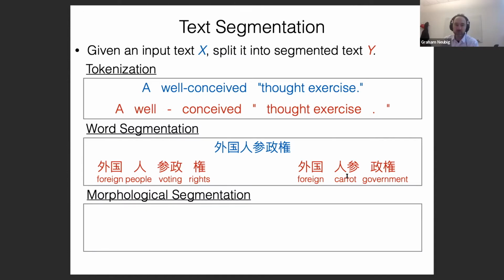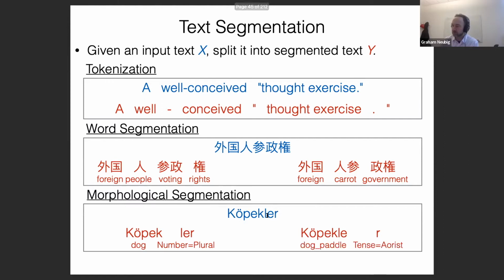And then there's also morphological segmentation, which we're going to talk about a bit more. For example, we might have something that looks a little bit like this, which can be split in different ways. I believe this is Turkish, someone can correct me if I'm wrong here. I actually forgot where I got the example, but I believe it's Turkish.